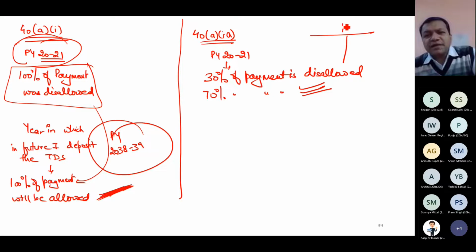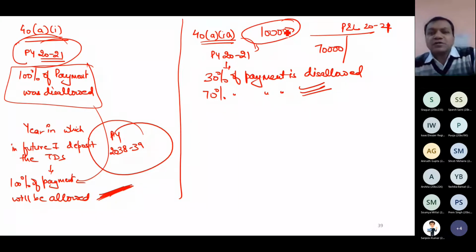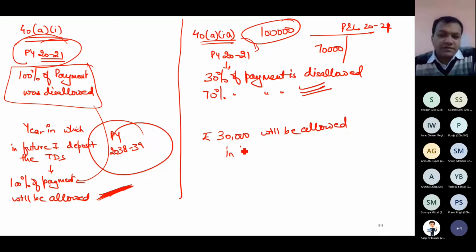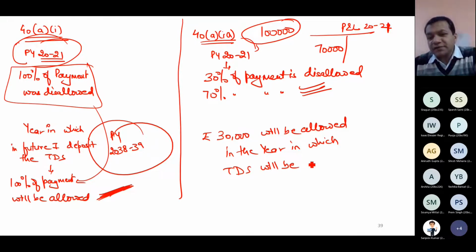So if I prepare the P&L account of the previous year 2021, and I am covered in 40A1A, suppose 1 lakh is the payment which I have made without tax, still I can debit 70,000. How much I cannot debit? 30,000, and this remaining 30,000 will be allowed in the year in which TDS will be deposited.